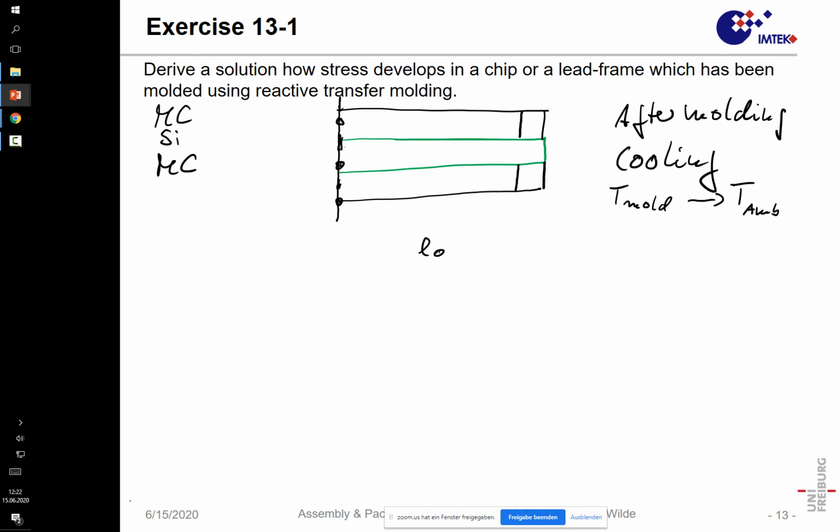Yeah? Okay. So the silicon will also shrink a little. But the question is, will it look like this? Do you think so or not? And now give me arguments. After the cooling, would it look like that?